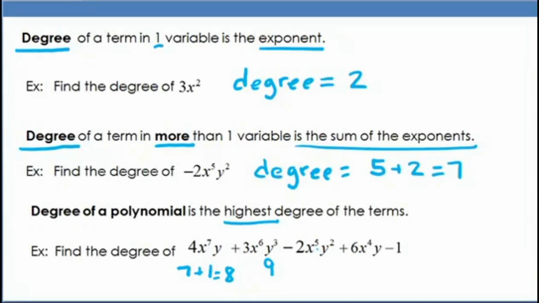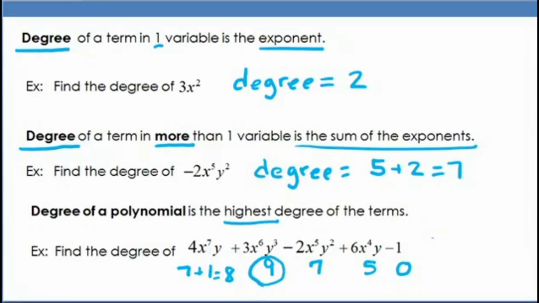The third term, 5 plus 2 will be 7. The fourth term, 4 plus 1 will give us 5. And a constant term has degree 0. The degree for the entire polynomial is the highest of all the degrees of the terms. So the highest will be 9.